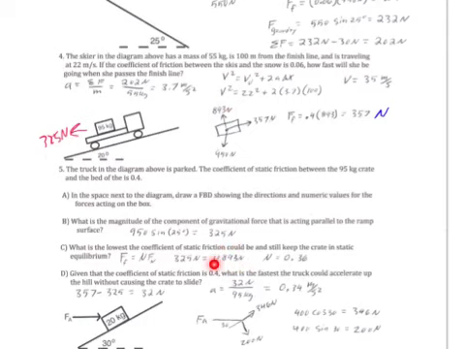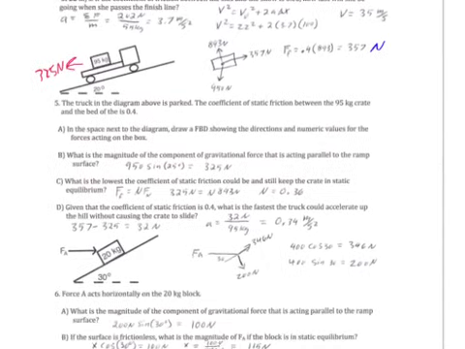So I solve for mu: 325 divided by 893 gives me a mu value of 0.36. So what we have is 0.4, which is more than sufficient because it generates this much force in order to counteract this much gravitation. It would be possible to keep the crate here if the value of mu was only 0.36.